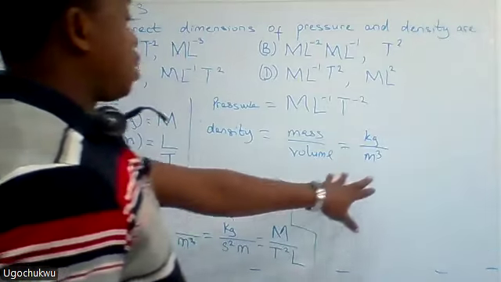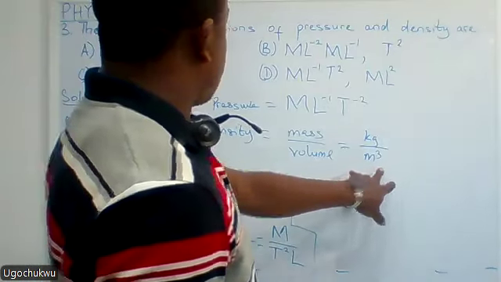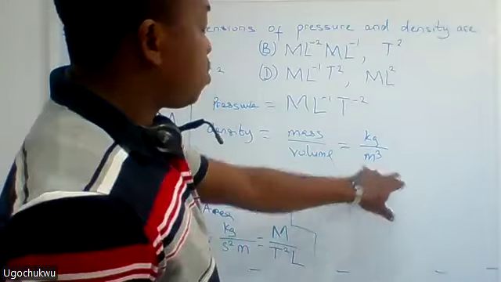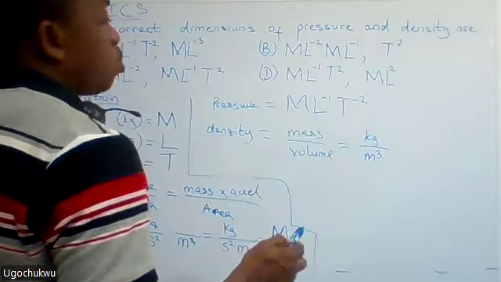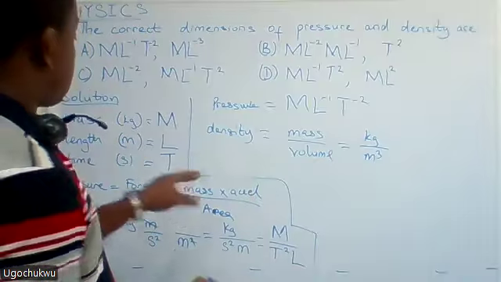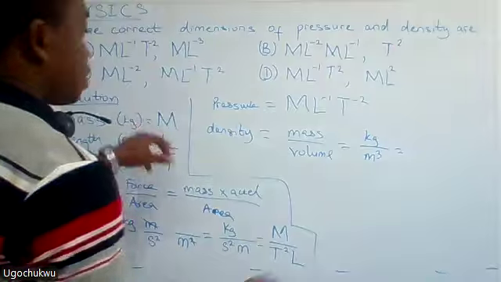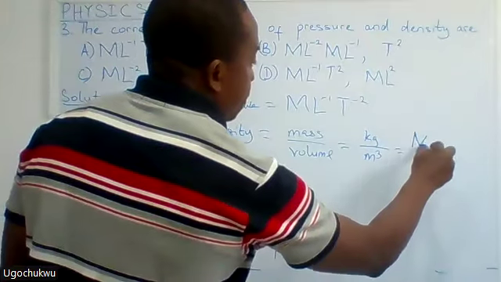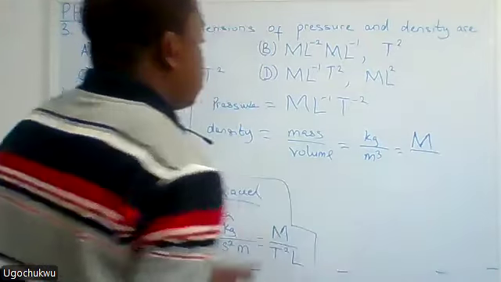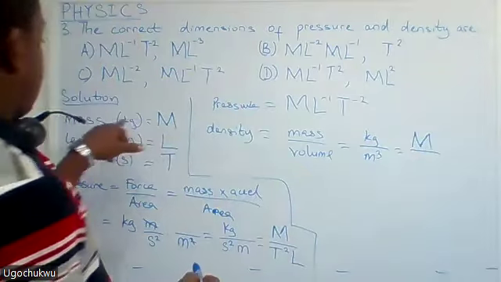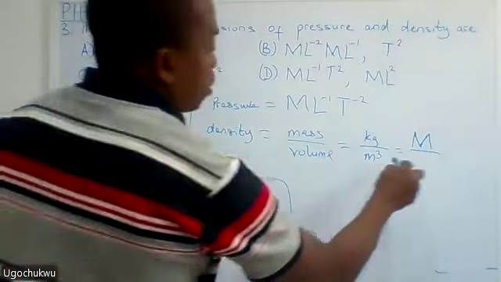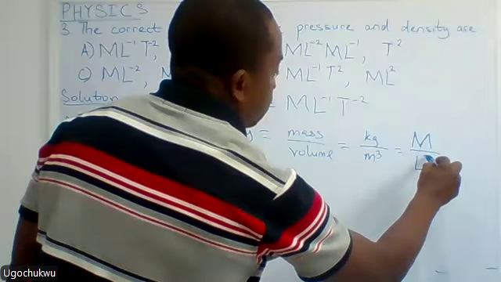And when we resolve this quantity in its fundamental units, to represent it in dimensions, we just substitute kg, mass, big M, and then volume, length, big L, raised to the power 3.